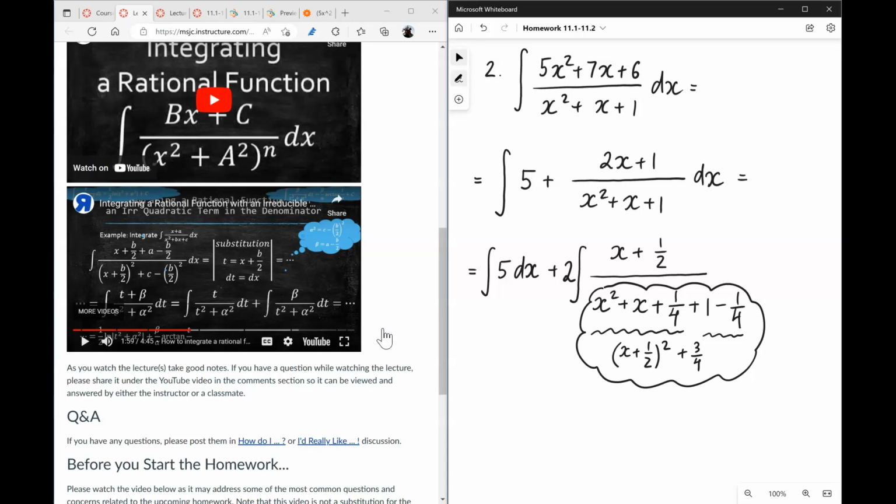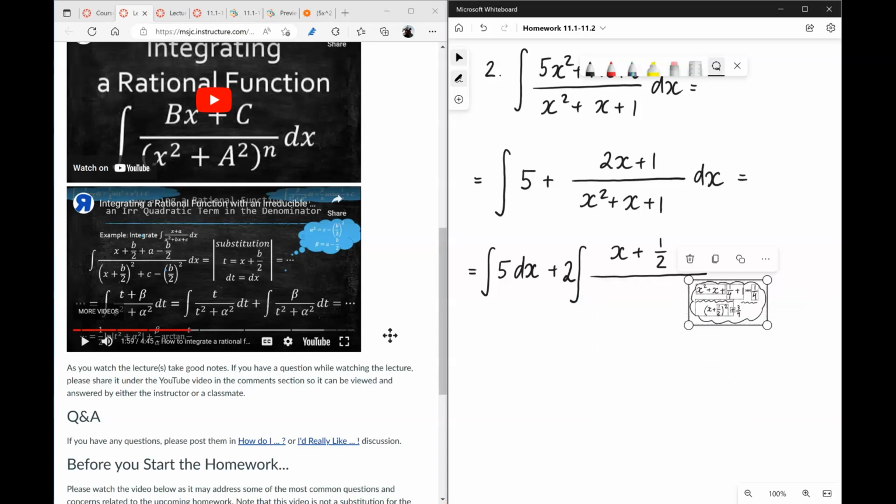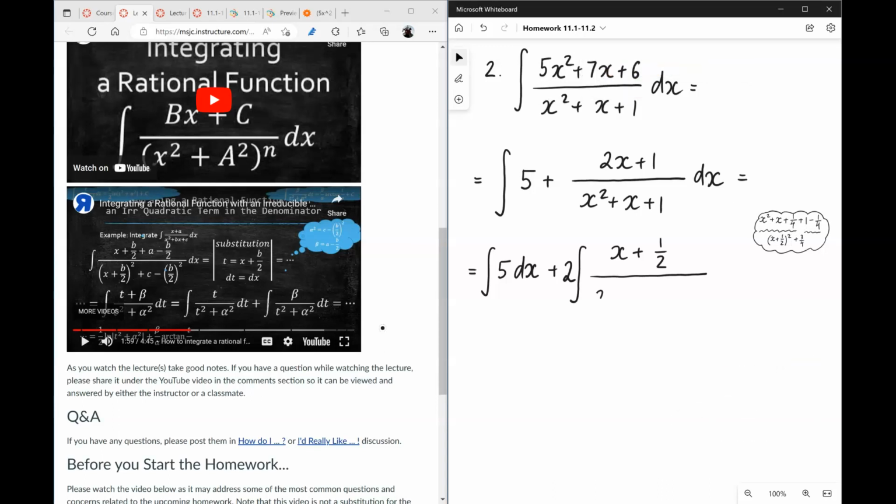So let me remove this from the integral, and then just put this as a thought bubble right over here. And in the denominator, I'm just going to write the result. So we have x plus 1/2 squared plus 3/4 dx.